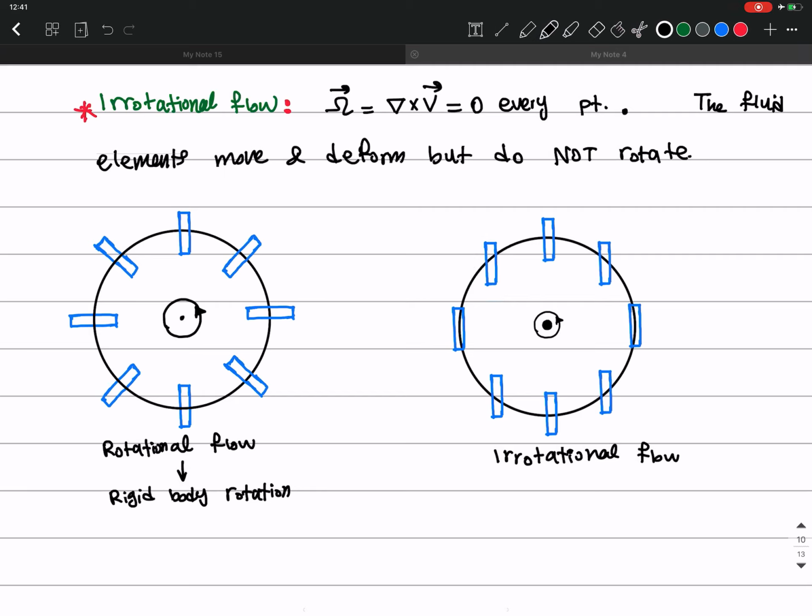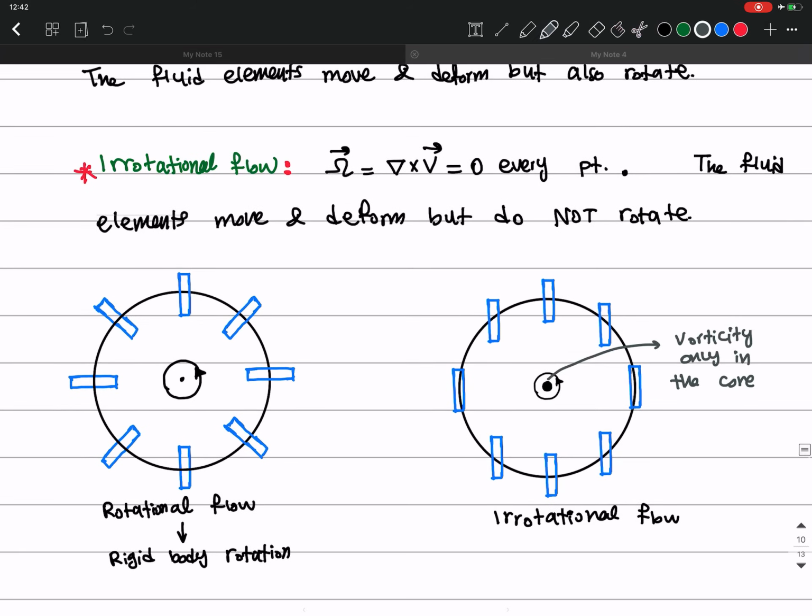So this is how it's going to move if we have an irrotational flow. In a rotational flow, we have a rigid body rotation, but in an irrotational flow, the vorticity is only in the core of this rotation.